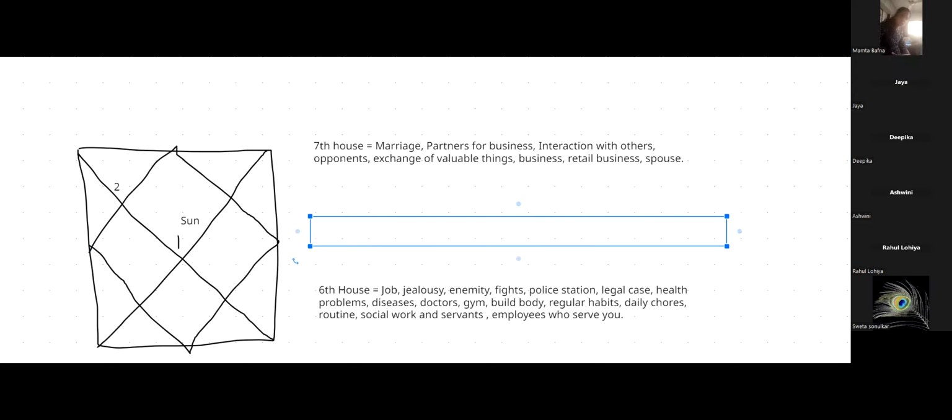Eighth house. Once you get married, what happens? You have a new family to deal with. Well, who are those? In-laws. Yes. So in-laws, aptly in the eighth house. Pains, sorrows, unknown problems. Kind of sounds very familiar, right?